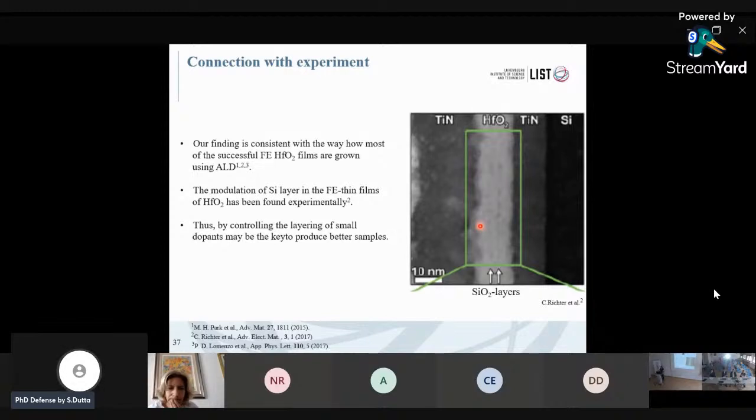At that point, you may assume that the dopant remains inside the lattice, but there is evidence in the literature that a diffuse silicon layer is seen in the sample. So what we understand is that controlling the layering of the small dopants could be the key to producing better samples.